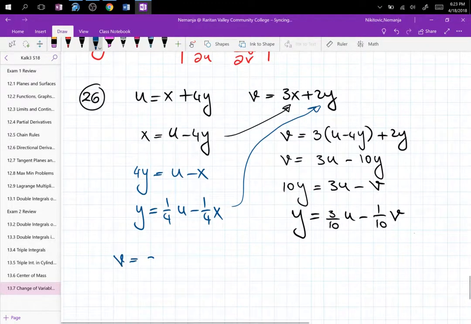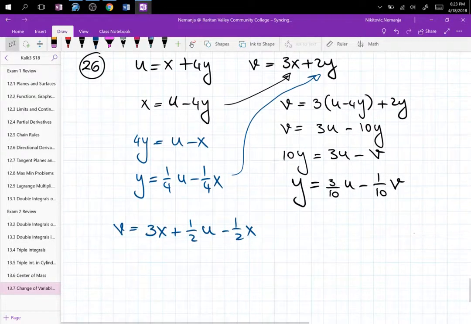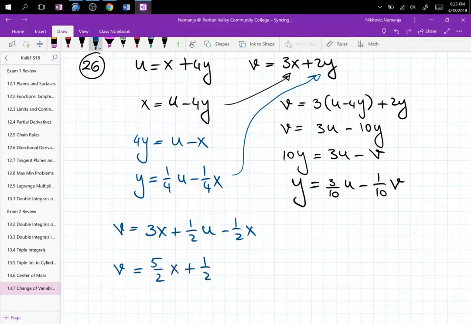So v equals 3x plus 2 times this, which is now 1/2 u minus 1/2 x. And I put x's in a pile, so that's 5/2 x plus 1/2 u.